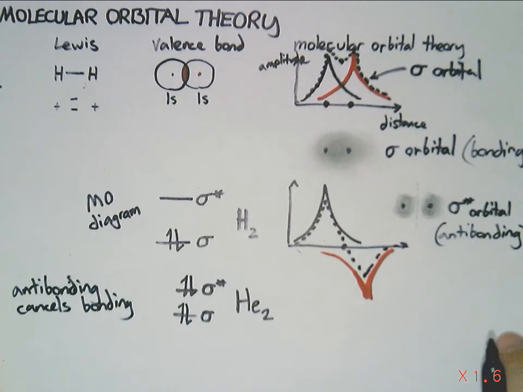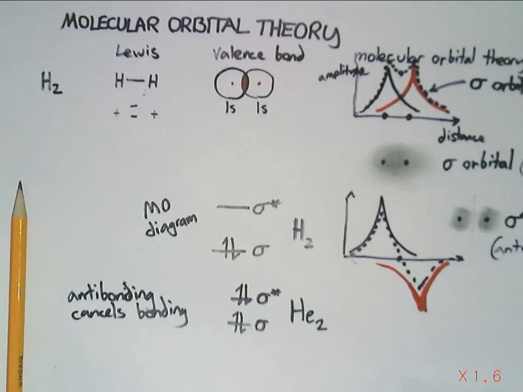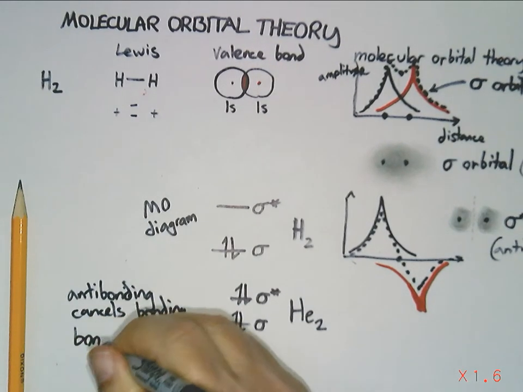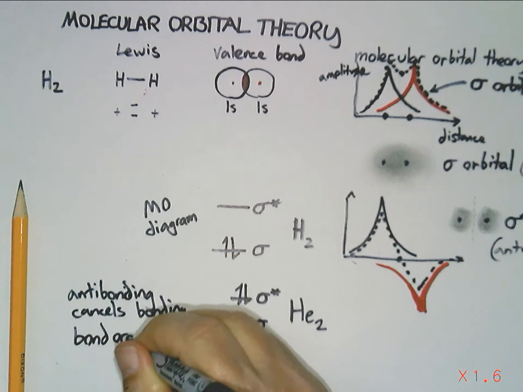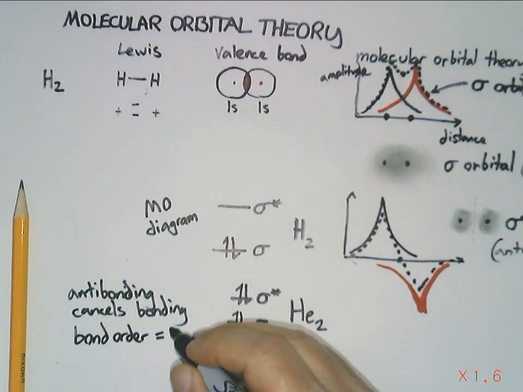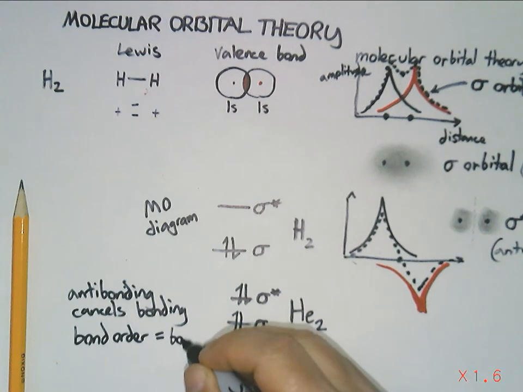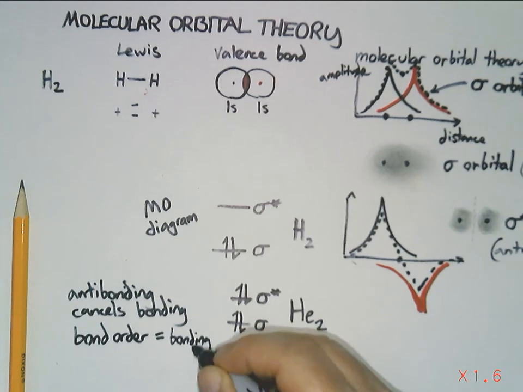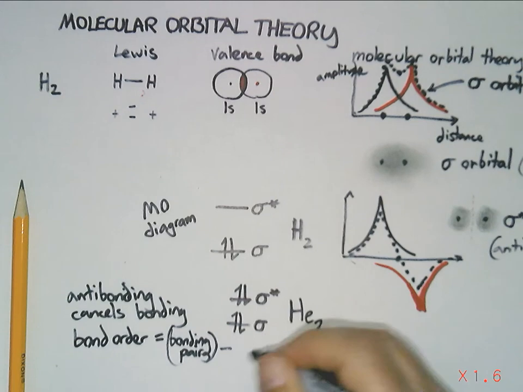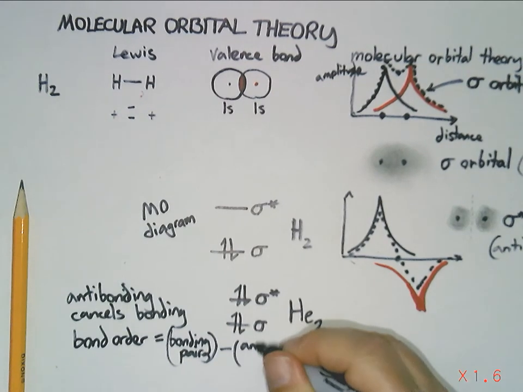We can define something called a bond order like this. The bond order is the number of bonding pairs minus the number of anti-bonding pairs.